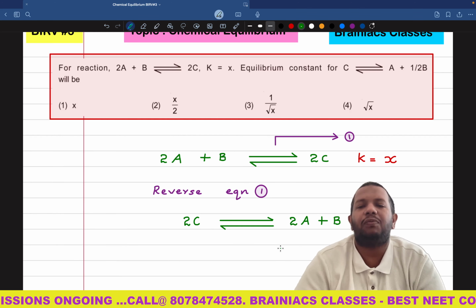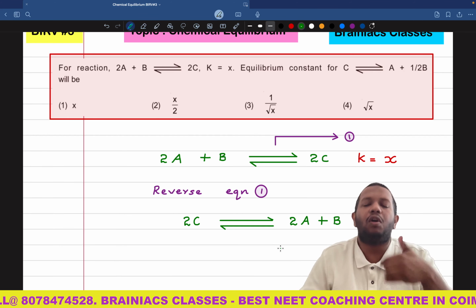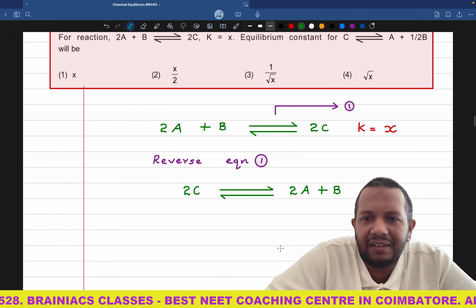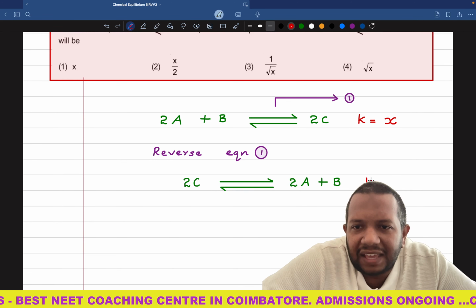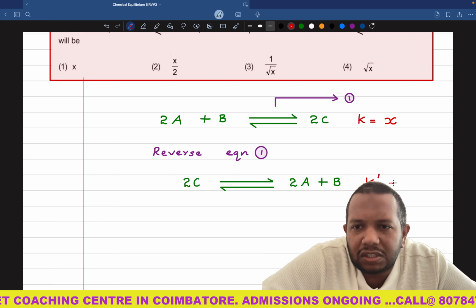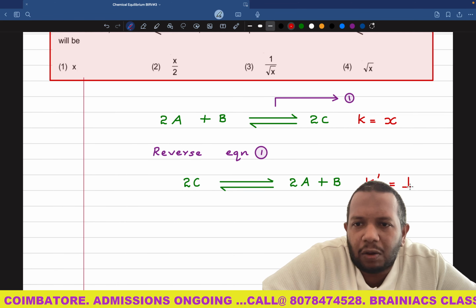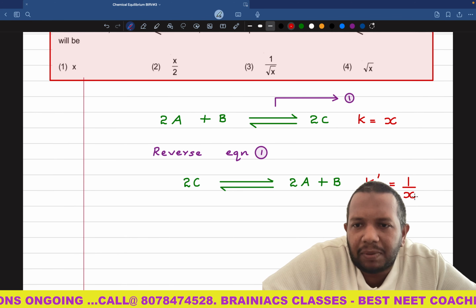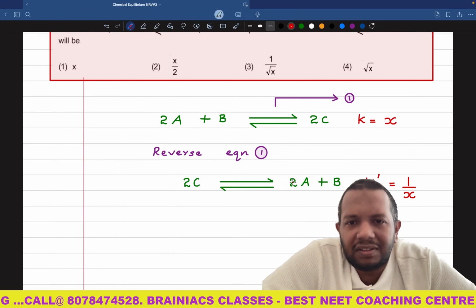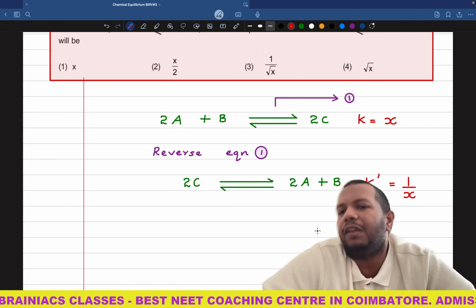Please remember, if you are going to do a reversal, the equilibrium constant will become its reciprocal. So the new equilibrium constant, let me write it as K dash, would be 1 by X. Whenever you reverse, the equilibrium constant becomes the reciprocal of the existing value.